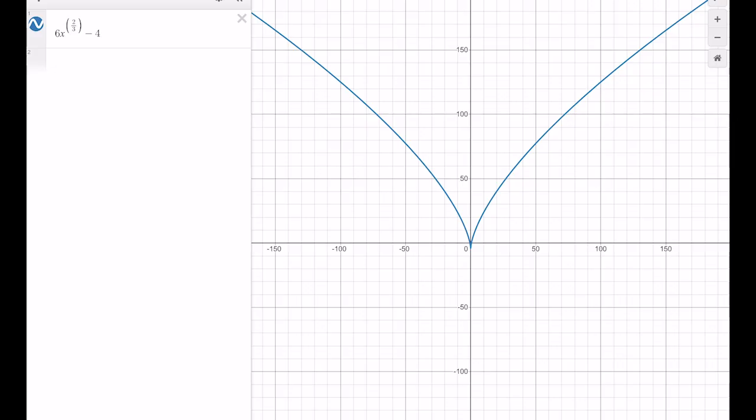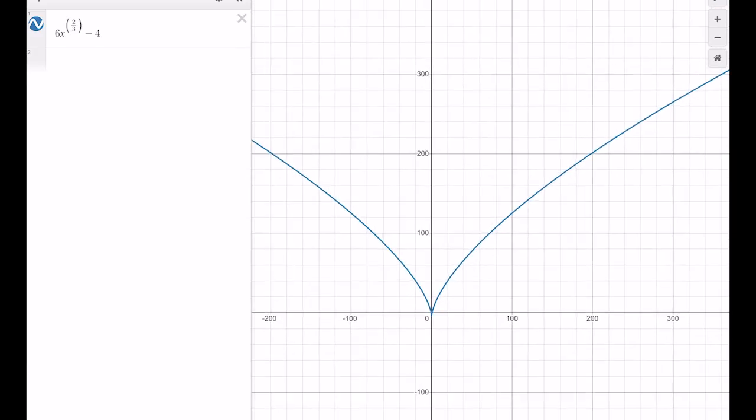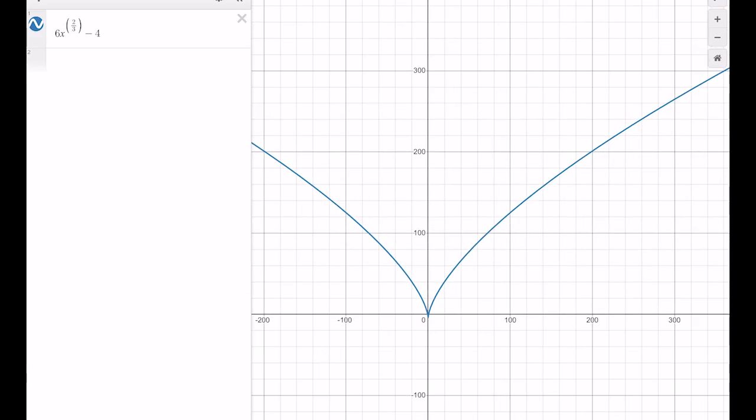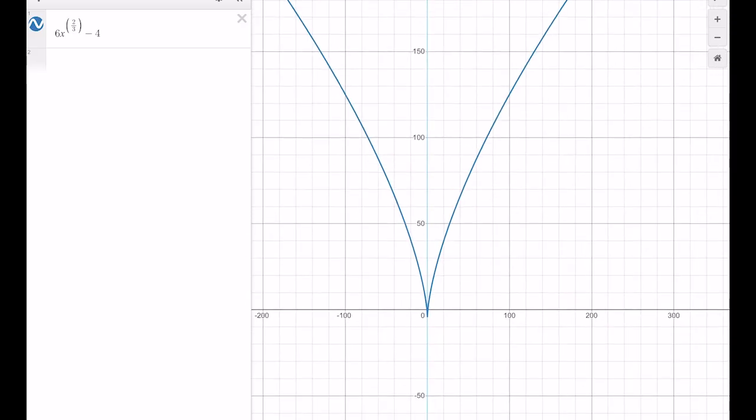And you also see that there's a relative min there at (0, 0). And you can see that there's a relative max at (1, 2).